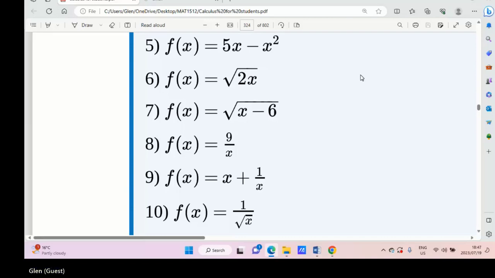No, sir. I have 1 over, then we put the radical sign, and then underneath the radical sign, x. Okay, then please talk to Theo. 1 over square root of x.